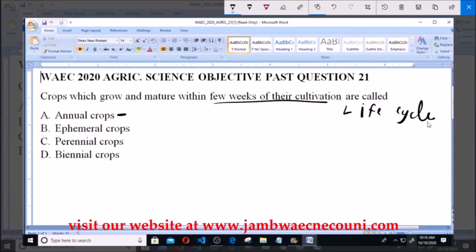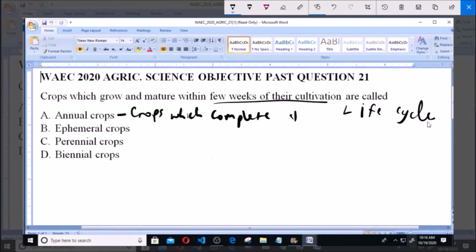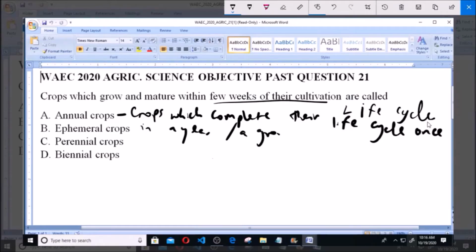Option A, annual crops, refers to crops which complete their life cycle once in a year or a growing season. So they grow and mature within a year. Examples of such crops include maize and millet, etc. Now option B says ephemeral crops.